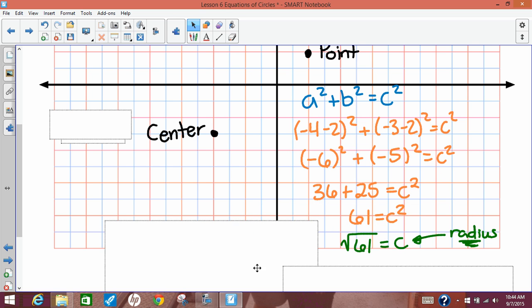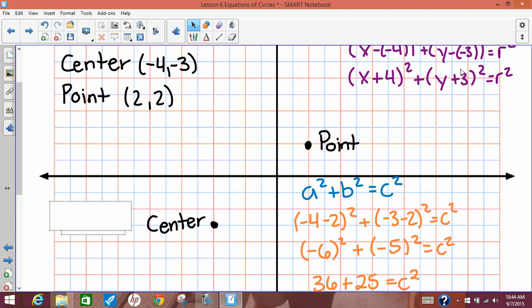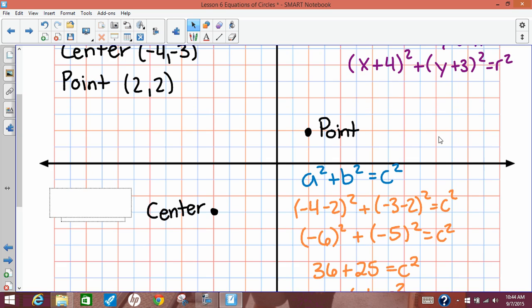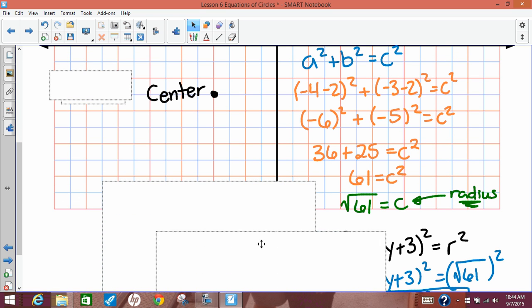And we get that the radius, which in our Pythagorean theorem is going to be c, the value for c. C represents the radius we just found. It's the distance between the center and the point, is root 61. Now we can go back up and grab what we did here and just complete it using the radius.